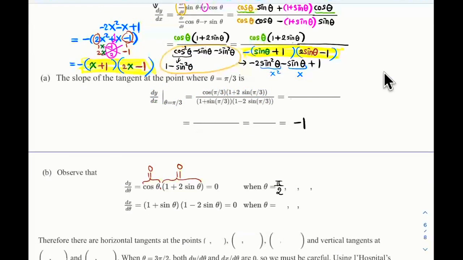Pi over 2, and then also 3 pi over 2. So those are the two angles, in radians, where cosine equals 0. We only consider from 0 to 2 pi, because the graph is going to repeat every 2 pi. And then what about for this equal to 0?